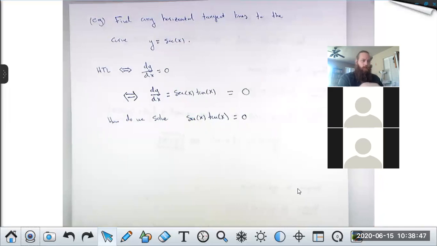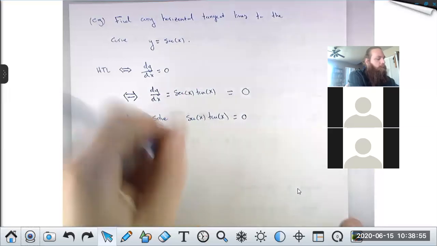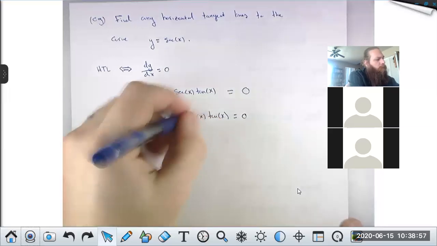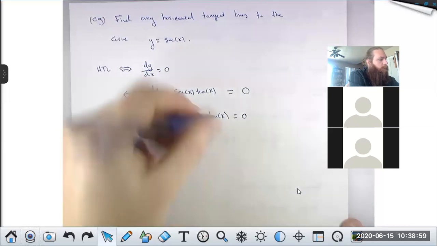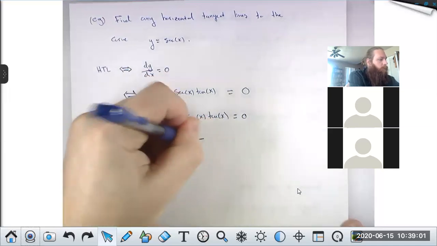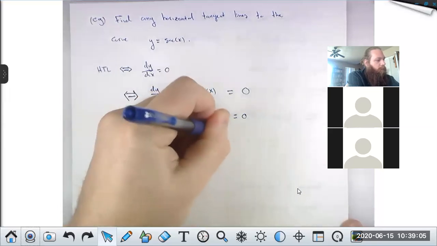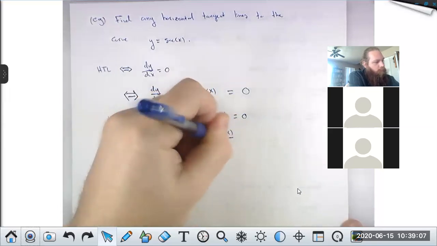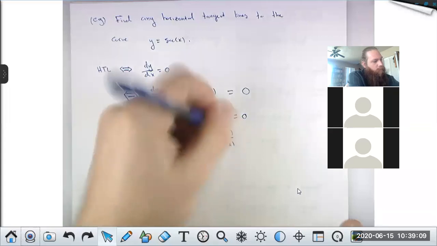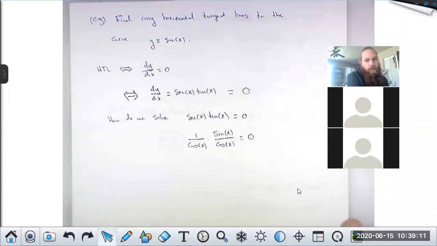That couldn't hurt. Some trig equations, you can use the arc functions, the inverse functions, to help you solve, but not always. And let's just take a look. So this is 1 over cos x, that's secant, times sine x over cos x equals 0. If we're not sure what else to do with a trig equation, rewriting in terms of sine and cosine is never a bad idea.